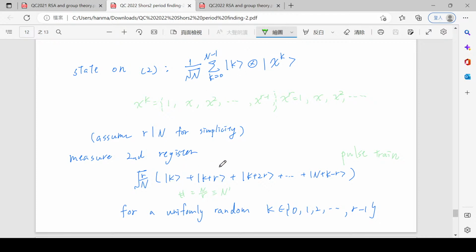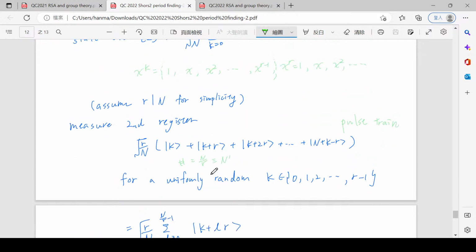So it's k, then k plus r, k plus 2r, etc. And there are some number of these terms. For simplicity, we assume r is actually a factor of n.